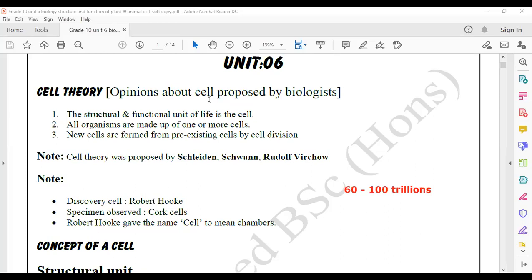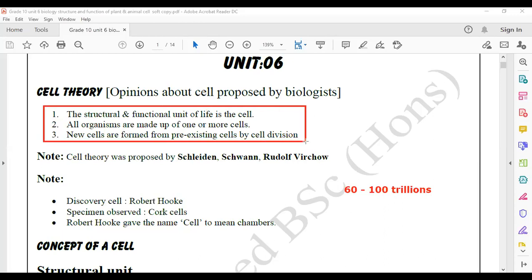Like this, from early cells, pre-existing cells, new cells are coming by the process called cell division. These three contents are called cell theory. So read these three portions of cell theory and tell me, are you okay with these three?